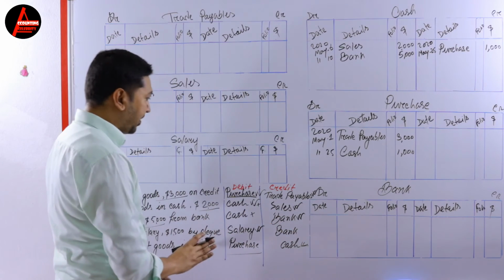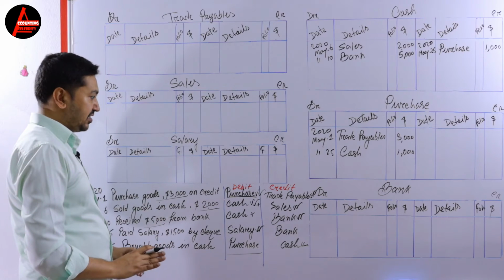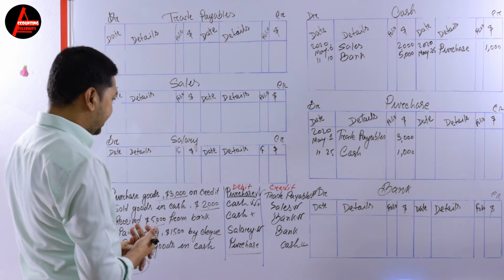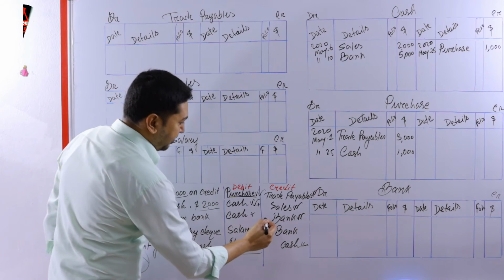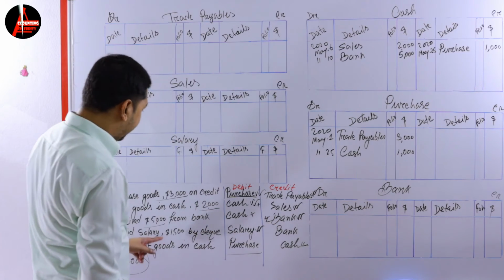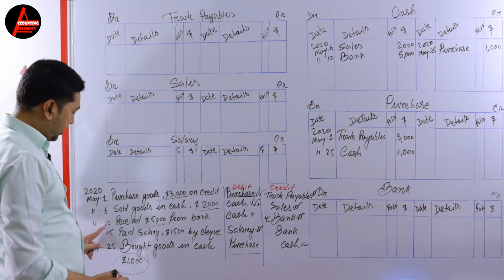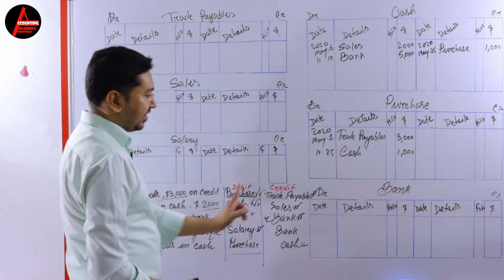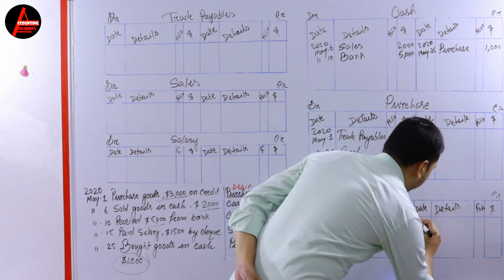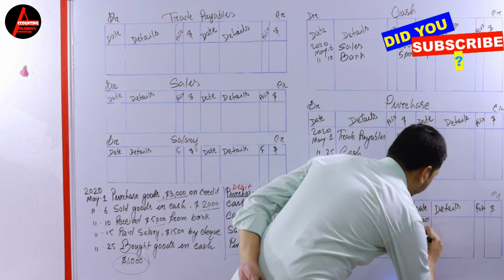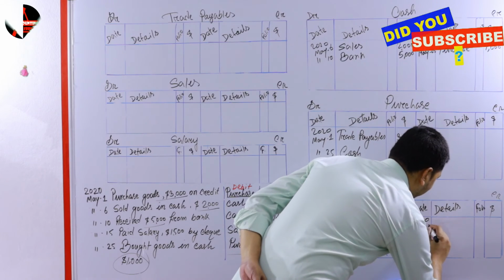Okay, so there is no more purchase. That means you are done with purchase. Now check what is next. Your next one is bank. What is the bank transaction? Bank is here on 10th May, on the credit side. So write in the credit side, 2020 May 10.